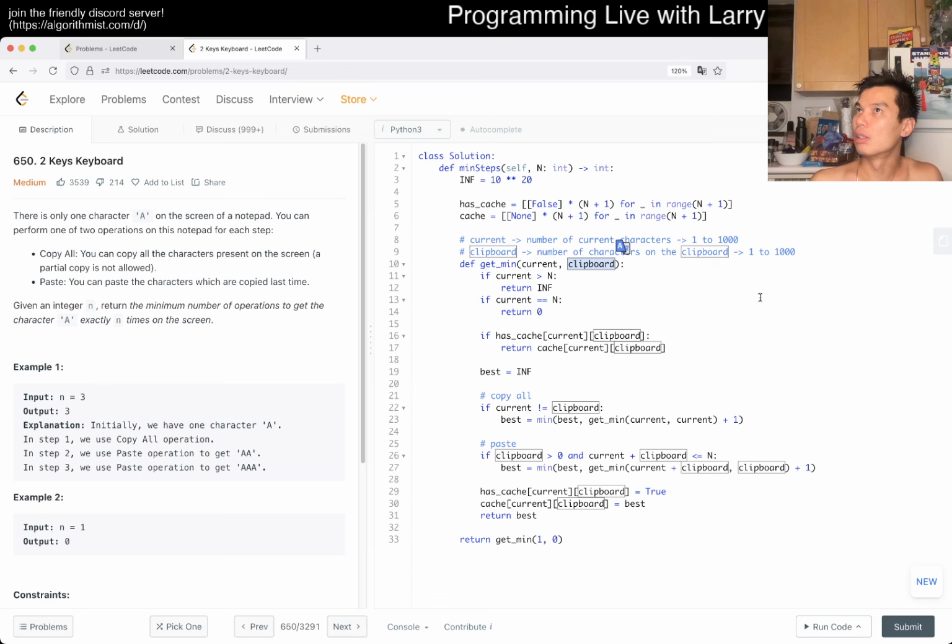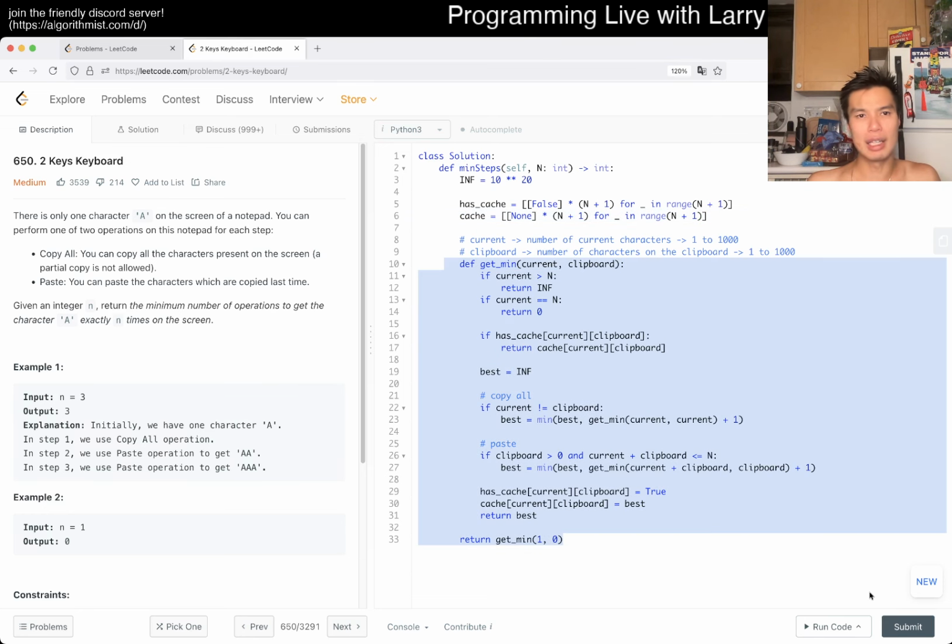Current has to be a multiple of clipboard, and as a result, if you do it backwards, then this is just the sieve, and that's why this is actually n log n, with or without the caching. So yeah, this is going to be n log n.